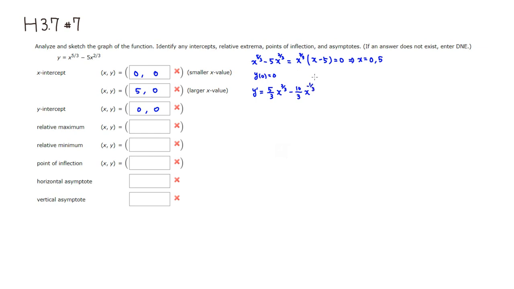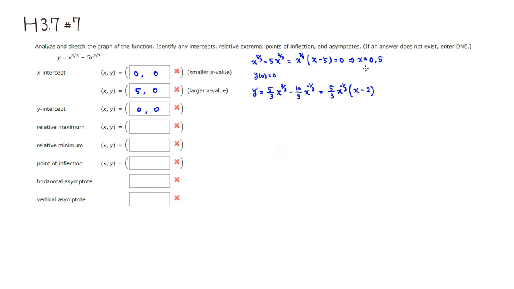Then we pull out the common factor, 5/3 and x to the negative 1/3. Pulling out x to the negative 1/3 is the same as multiplying by x to the 1/3, so it's just x here and a minus 2.